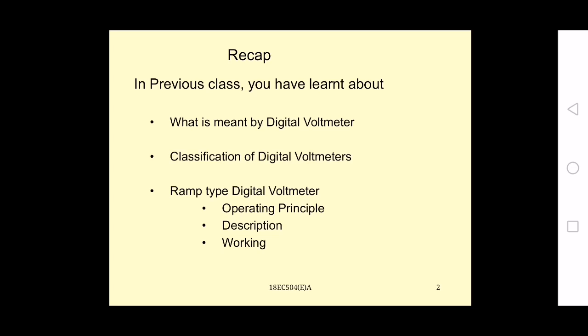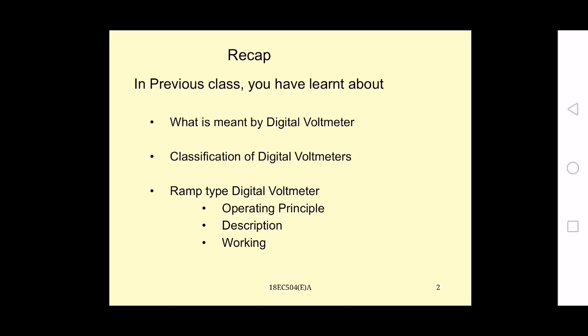Between the start pulse and stop pulse, during that gating period, the oscillator counts the number of pulses, which are counted by the decade counter and displayed on the 3.5 digit display. That directly gives the analog voltage that you measure, displayed by the 7 segment display, which is easy to read.